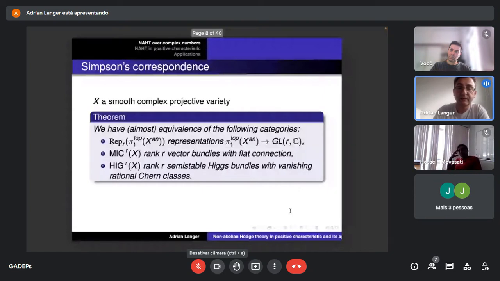So what this correspondence says is that if we have a smooth complex projective variety, then we have essentially an equivalence of various categories.